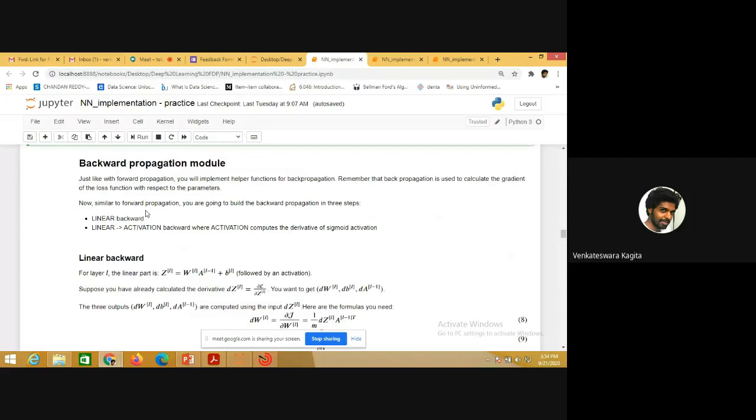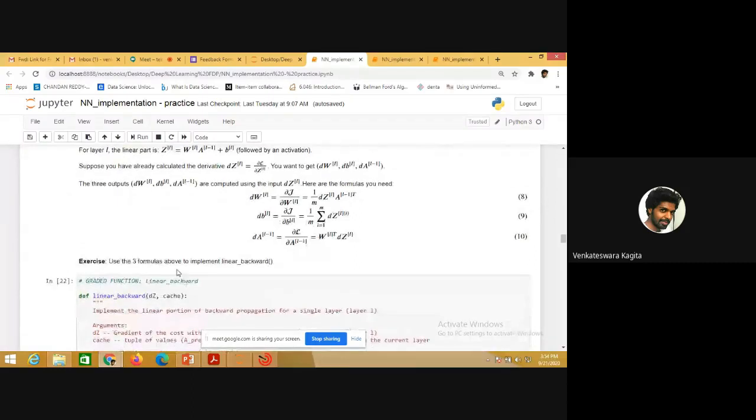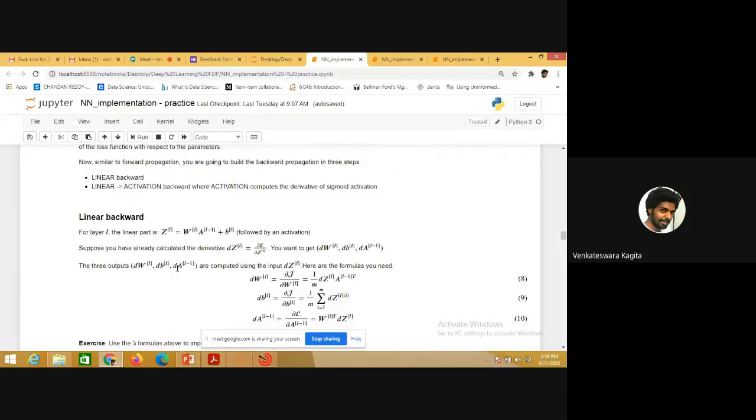Now, given inputs, the forward propagation module computes all these activation units till the last layer. At the last layer you compute the cost, and then you have to back propagate. So we have linear backward and sigmoid backward, the activation backward.